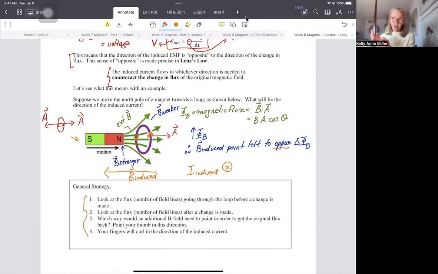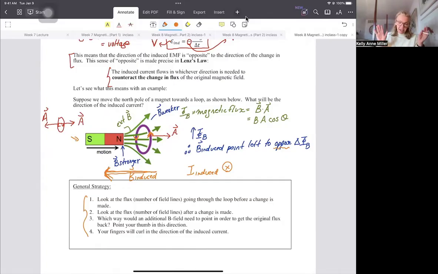So you ask yourself, which direction does the induced B field have to point in order for the flux to go back to the way it was? Well, it needs to point to the left, because if I add that B field to the increasing B field pointing to the right, that's how you get back to the original.